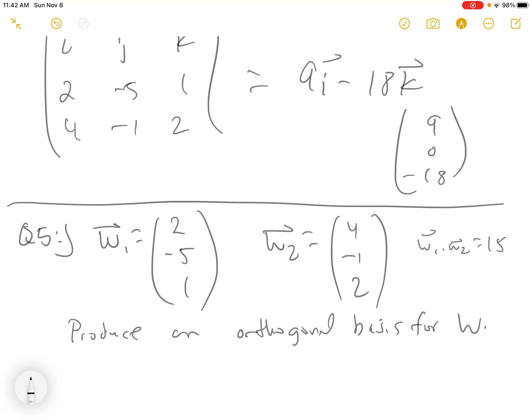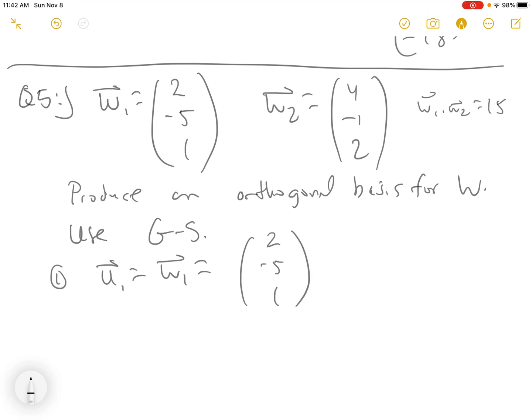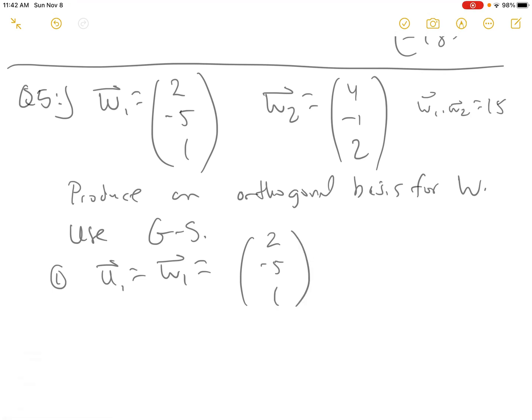And what should come flying into your mind is Gram-Schmidt. So following the Gram-Schmidt algorithm, we're going to let U1 be W1, which is 2, minus 5, 1.